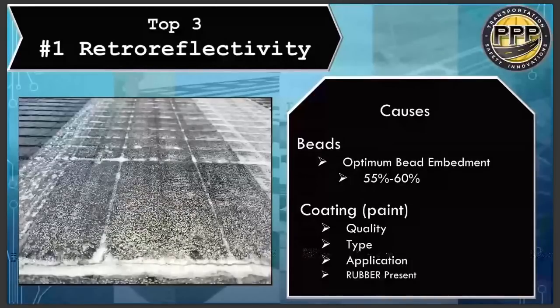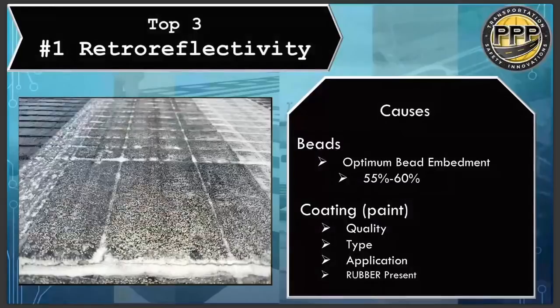Mike, I also want to mention here that when we did the case study for Jacksonville, which we don't go over in that data, unfortunately, I didn't have enough room for it, but what we found is interesting. If those beads are properly embedded, in a situation like this that you see, your marking can still look dark because of the deposits. But let's say you go over it with a standard low pressure washer, 4,800 psi, something like that, and you knock that rubber off the glass of the beads, you actually get white retroreflectivity.